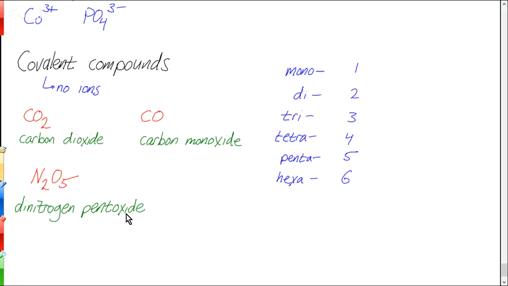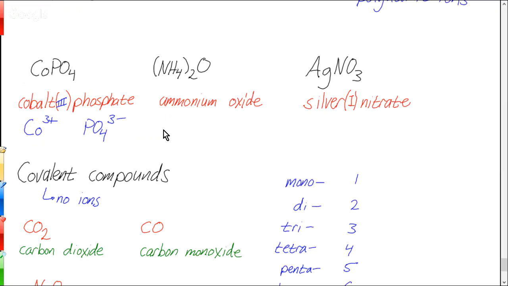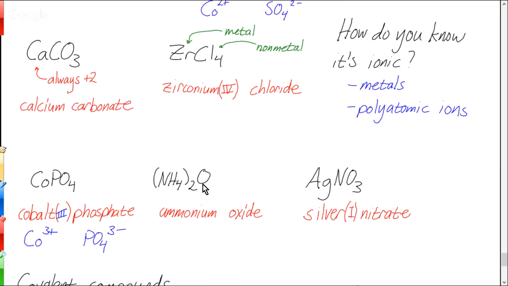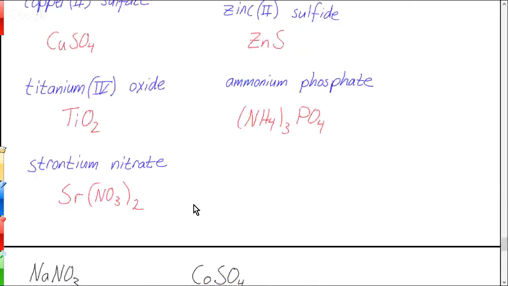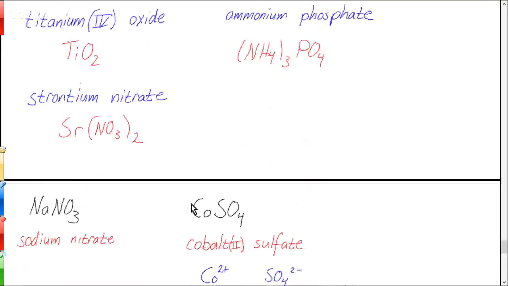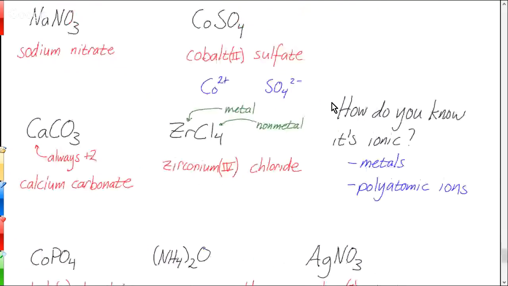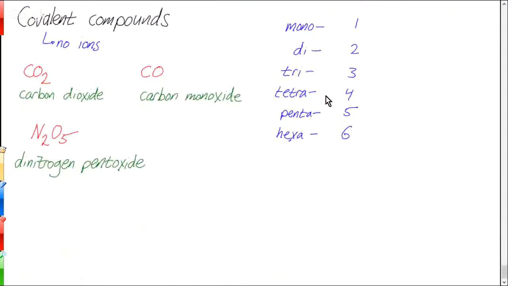You can't go back up to this one and call this diammonium oxide, or call this one strontium dinitrate. That's not used in the ionic naming. And that's probably the biggest error I see in these.